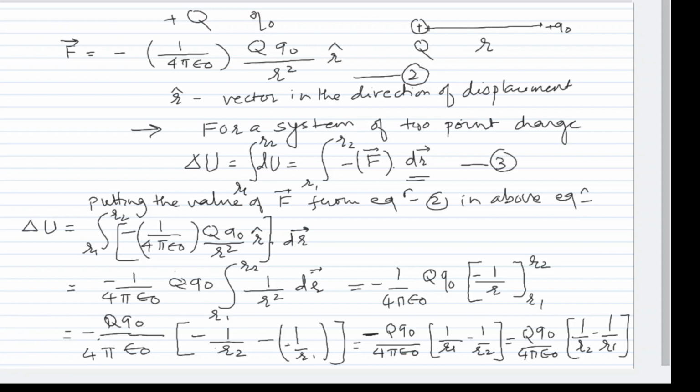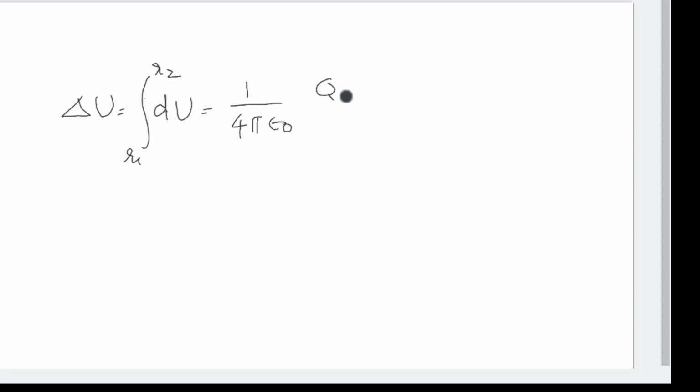So now we can go ahead and write the final equation for dU, that is delta U, which is nothing but integration of dU from r1 to r2, and that equals, finally we got the equation, 1 upon 4 pi epsilon 0 q q0 into 1 upon r2 minus 1 upon r1.